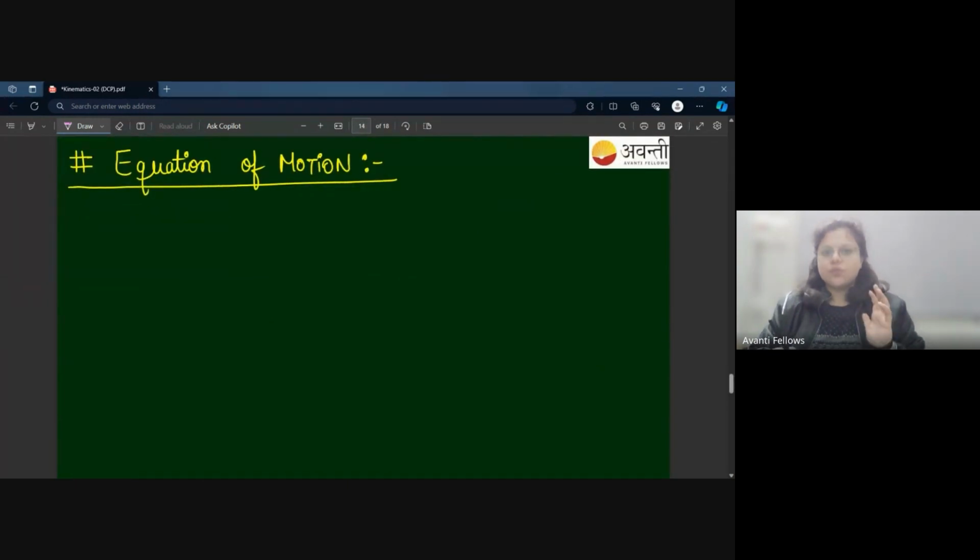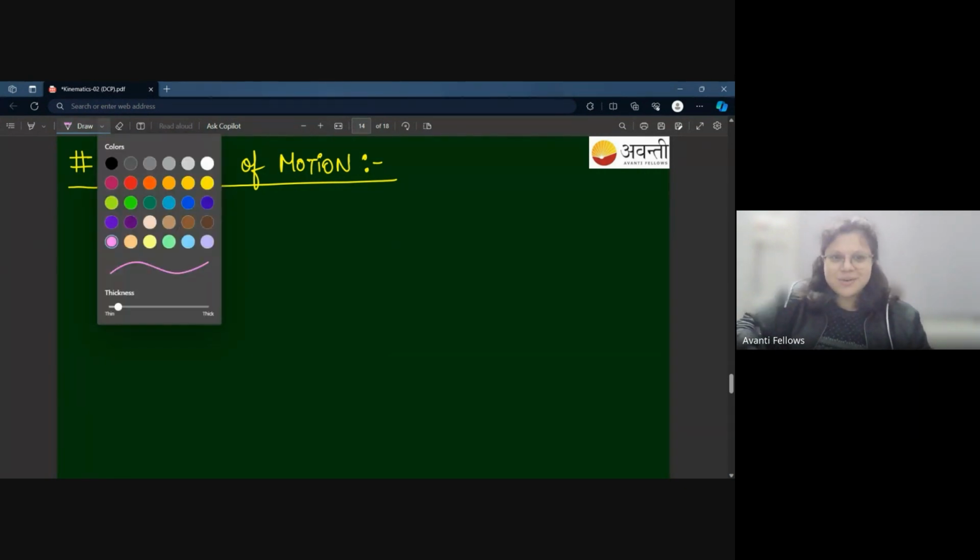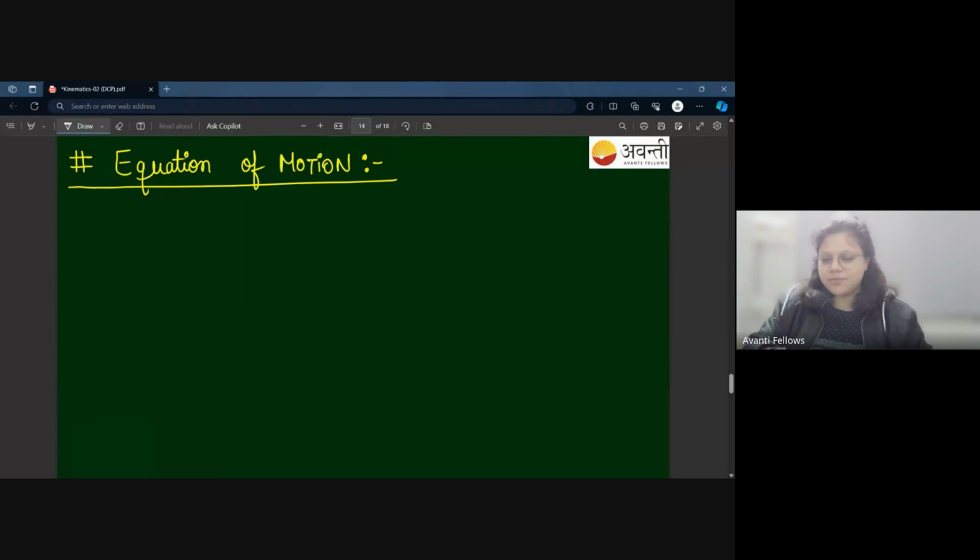Let's discuss equations of motion also. There would be a lot of ways to prove it. I'm going with the basic one, and I'm going to give you the hardest one as a responsible teacher. So basically, you have 3 equations of motion.